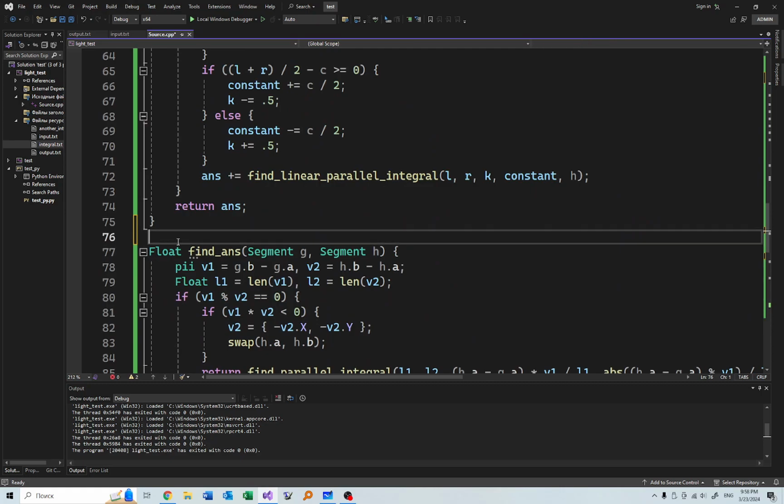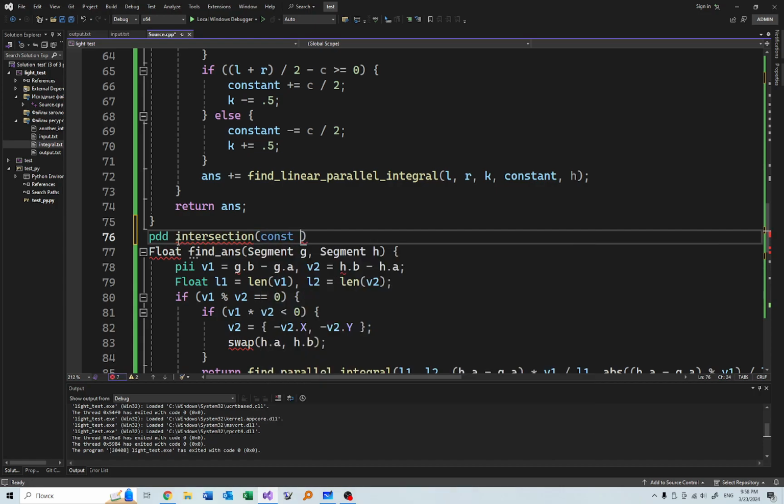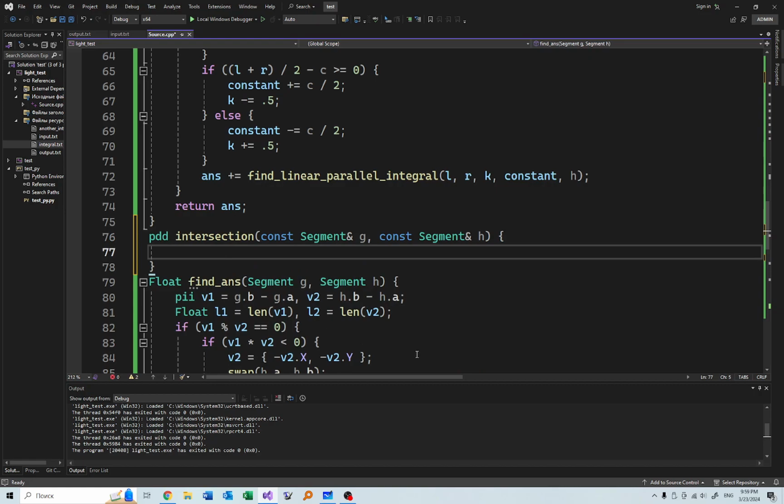Okay, so PDD intersection. How do we intersect two segments?